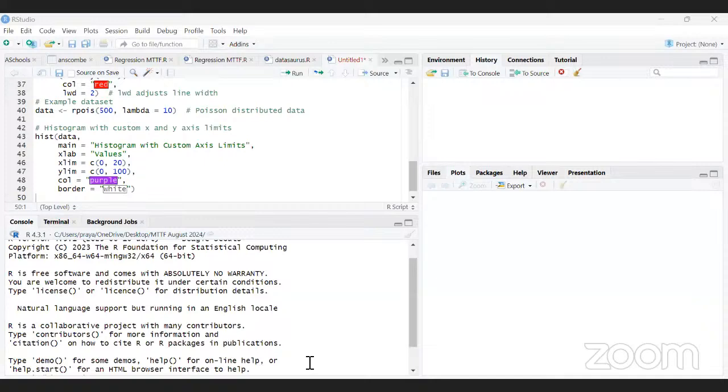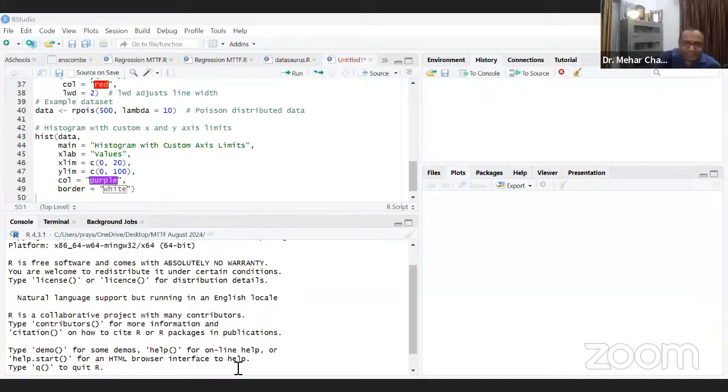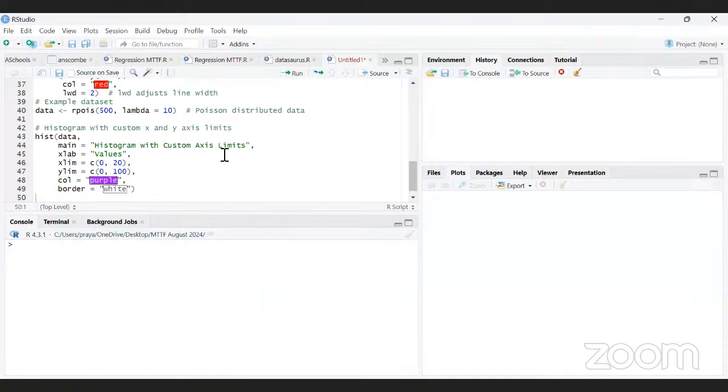Is my screen visible? No, sir, not yet. Okay, just give me a moment. Do let me know whenever it is visible. I have shared, but maybe because of the speed of the net, it might not be visible to you. Yes, sir, it is visible now. Good, thank you.